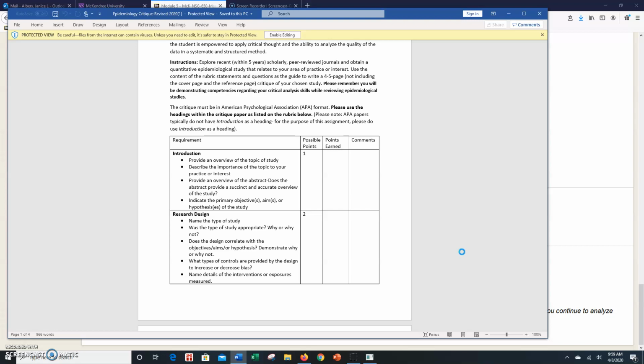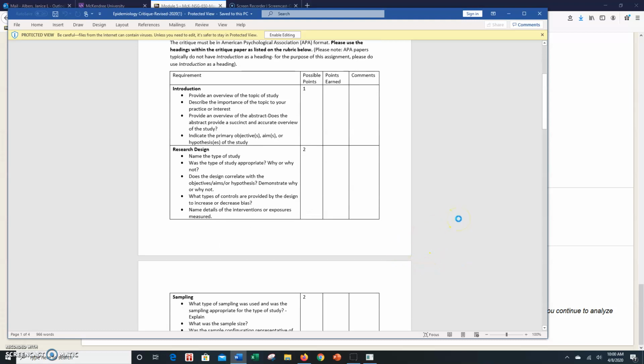So take a look at the bullet points, and we're really going to do an overview of the study itself, the importance of the study, and an overview of that abstract, because that's where sometimes we pick up on some of the biases that authors may have. They may really want to find what they sought to gain through the study, and sometimes the results don't correlate with that. So keep that in mind, and make sure that there's congruence throughout the study as you look at the introduction.